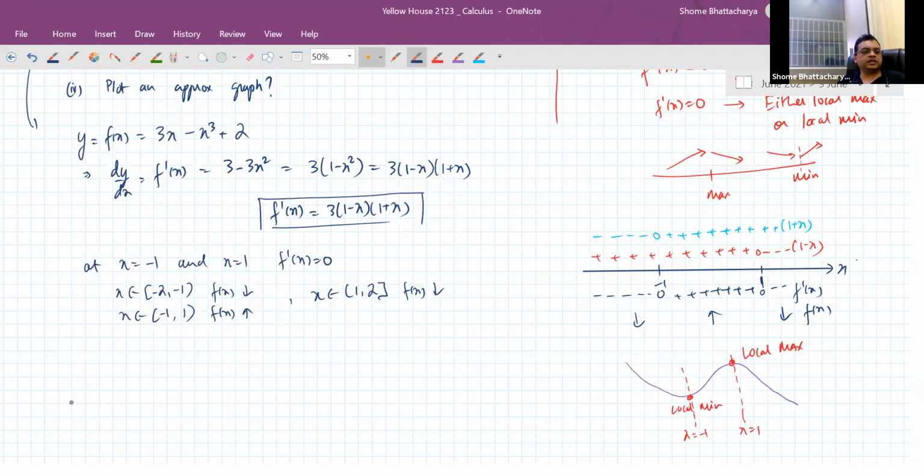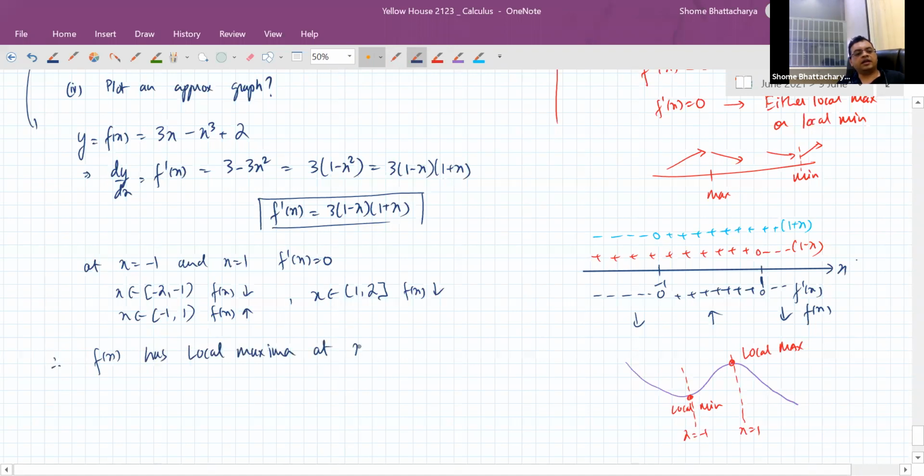So from this analysis, we can see that therefore f(x) has local maxima at x equal to 1, and its value is how much? y equals, so you can see 3 minus 1 plus 2, so it's equal to 4, and f(x) has a local minima at x equal to minus 1, where the value is minus 3 plus 1 plus 2.